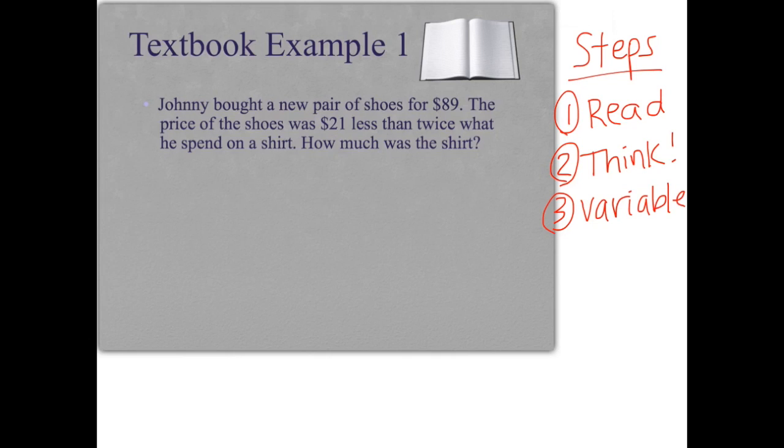Well, what else did he buy? He bought a shirt. So what is that last question asking us? How much was the shirt? Okay, this last question usually tells us what our variable needs to be. So we're trying to find the cost of the shirt. So we're going to assign the variable x to shirt.